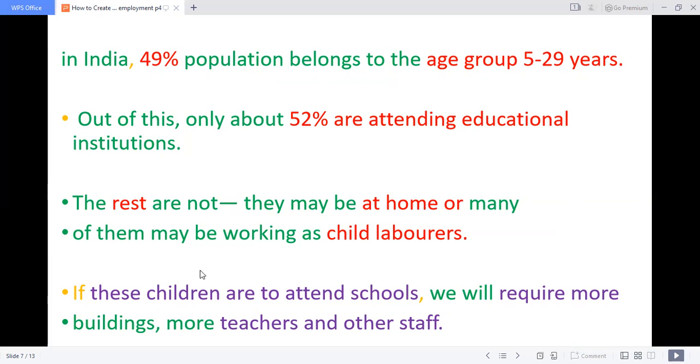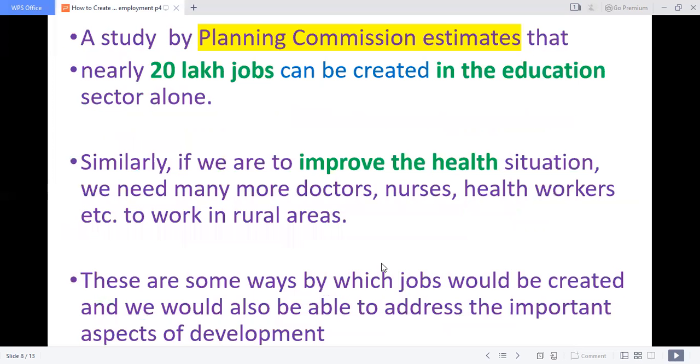According to the planning commission statistics, if these children are to attend schools, we will require more buildings, more teachers and other staff. It will provide employment opportunity to lakhs and lakhs of people. So the government has to take steps to provide employment opportunity. The planning commission estimated that 20 lakh jobs can be created in the education sector alone.